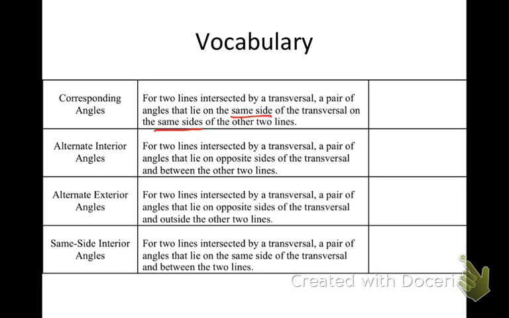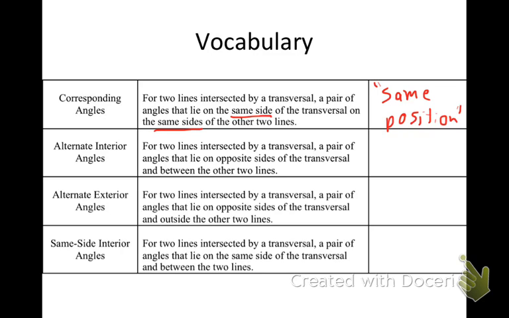Does everybody see that poster way up top there? There's an example of corresponding angles. Corresponding angles are what I call same position. We'll talk about that further later. But corresponding angles are angles that are in the same position.